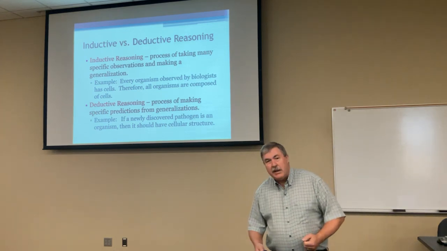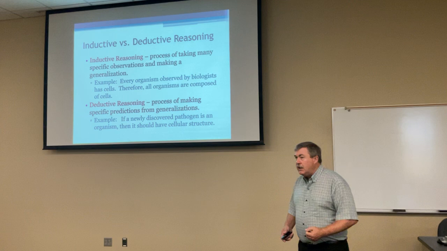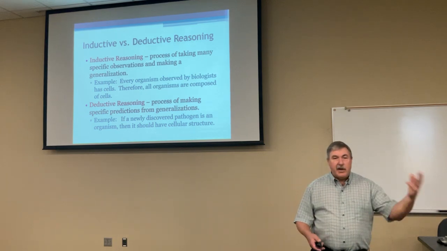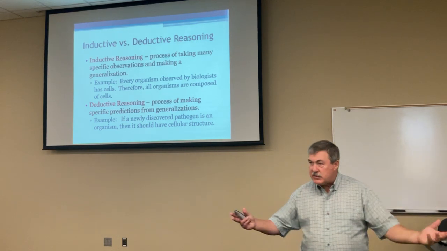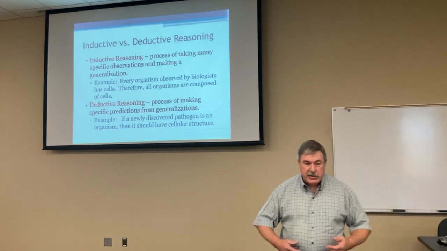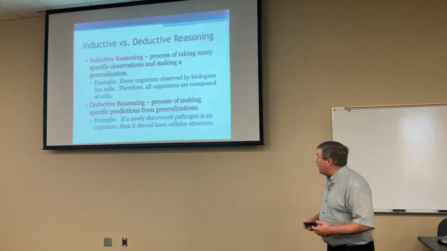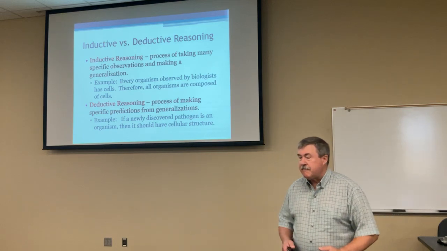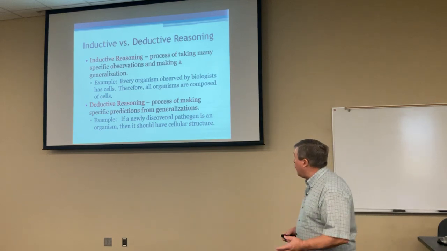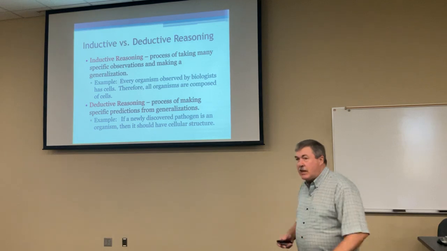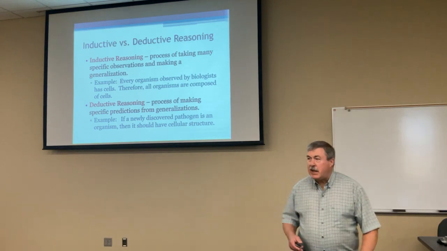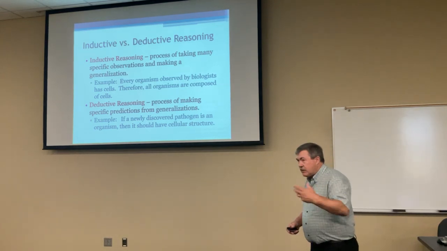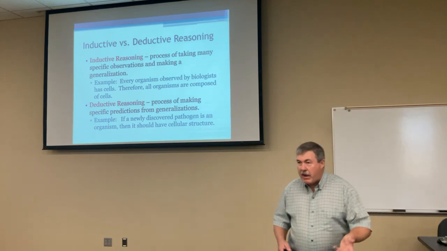Deductive reasoning is kind of the opposite. Deductive reasoning takes a theory, which is a generalization based on experimentation, and then makes a prediction in a new situation. Okay? So, an example of deductive reasoning: let's say you discovered a new kind of germ or pathogen.